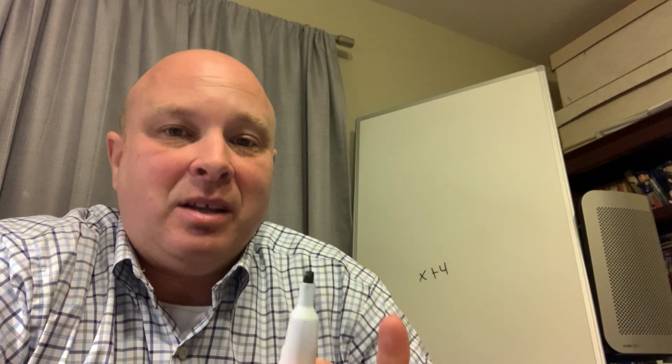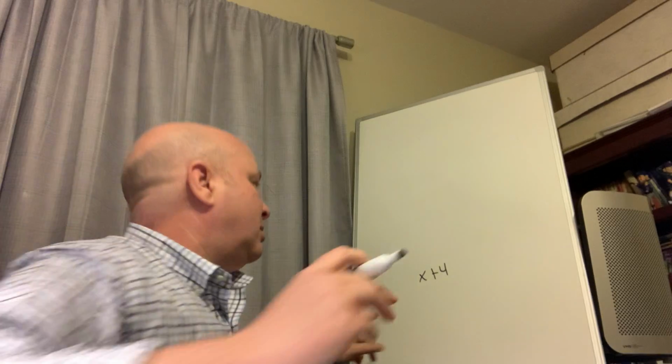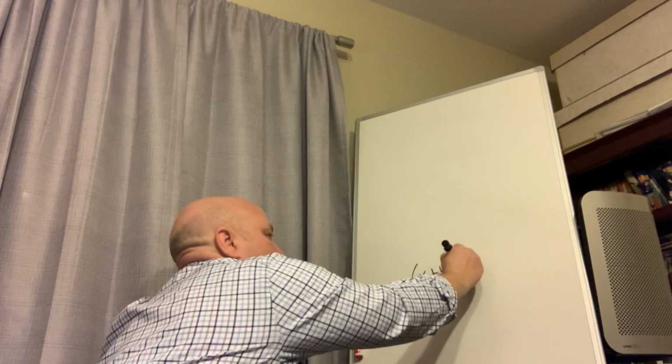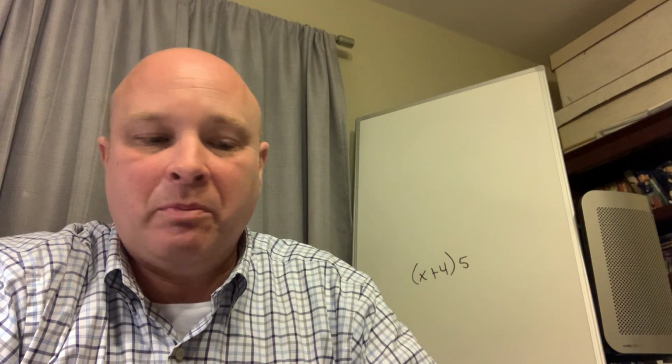Now, remember, order of operations: if I just put them all up there together, the multiplication would come before the addition, and my sentence said some number is increased by 4, then multiplied by 5. So I have to take my number here and put it in parentheses, then multiplied by 5. That's the finished answer. That's as far as you need to go.